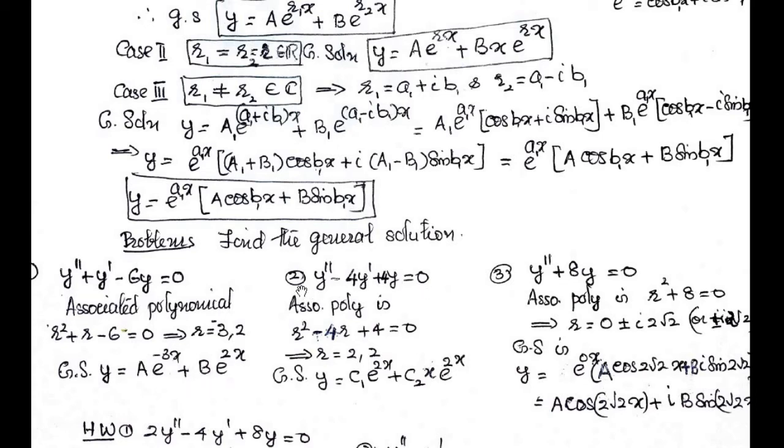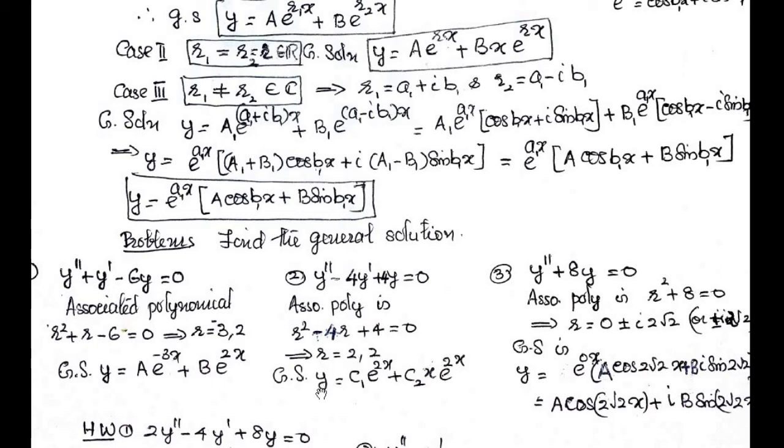The second one, y double dash minus 4y dash plus 4y equal to 0. Its associated polynomial is r square minus 4r plus 4 equal to 0, giving r equal to 2 and 2. So what is the general solution?